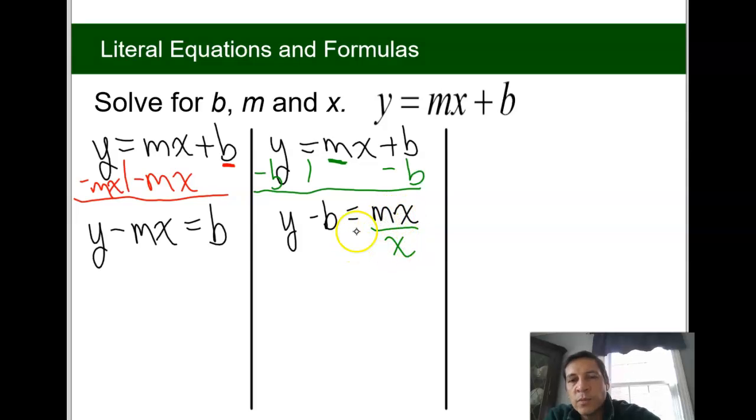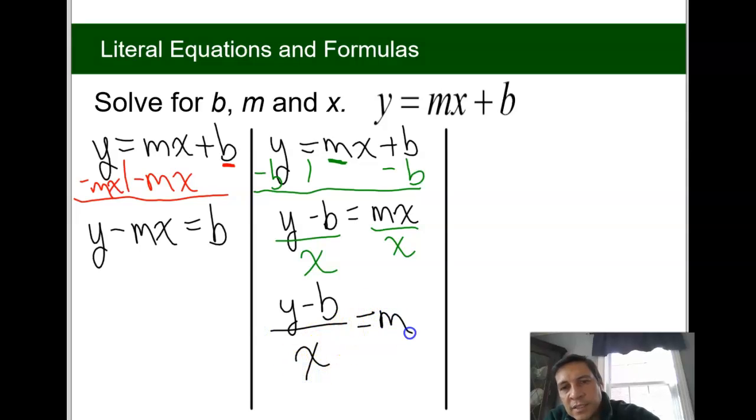Since m is being multiplied by x, to isolate it I've got to divide both sides by x. So y minus b over x is equal to m. You're really just practicing all the stuff you know about solving equations and now using it without any numbers there. So the last one, you want to solve y equals mx plus b for x.